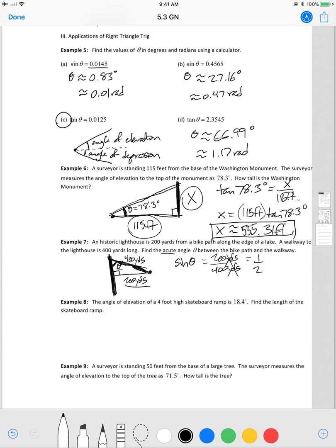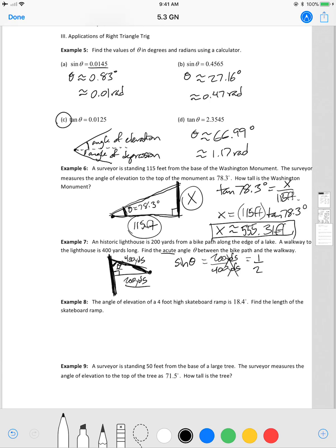Where is the sine of theta 1/2? Look at our unit circle. It is actually equal to 1/2 in 2 different quadrants. Sine, remember, is y. It'll be 1/2 at both 30 degrees and at 150 degrees. Now this angle is less than 90.